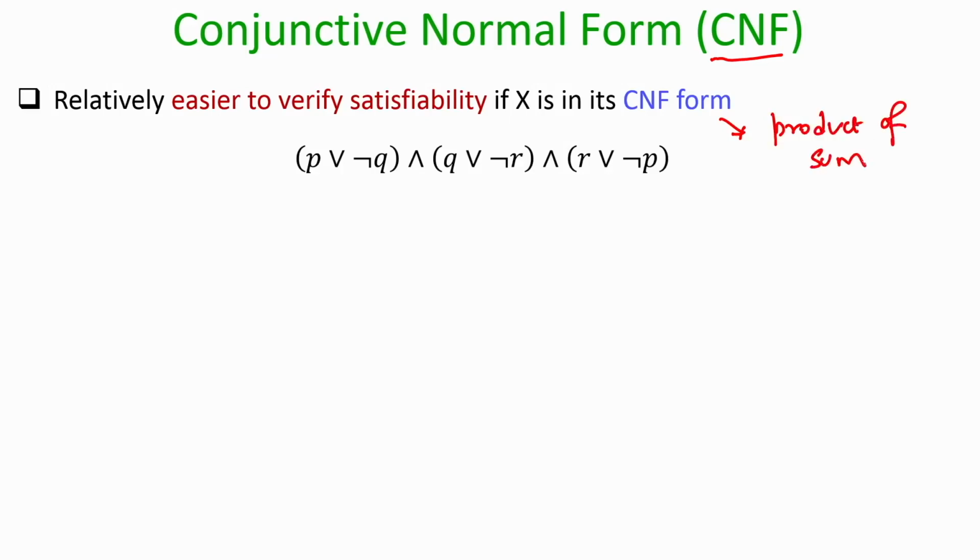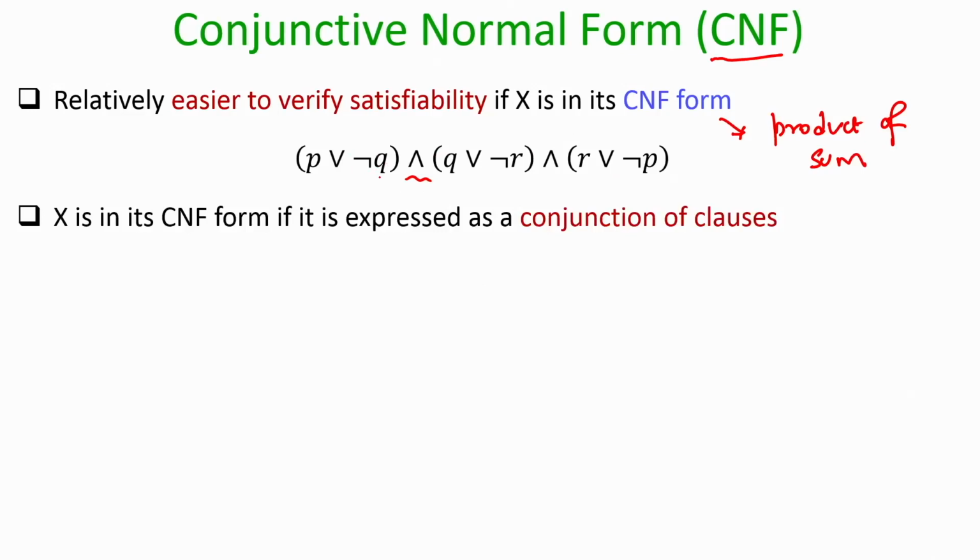Here is an example of an expression which is in conjunctive normal form. You have several parentheses, inside parentheses you have disjunctions of variables, and the parentheses are connected by the conjunction operator. That is why it is called product of sum. Outside you have the products of various brackets, and in each bracket you have the sums.